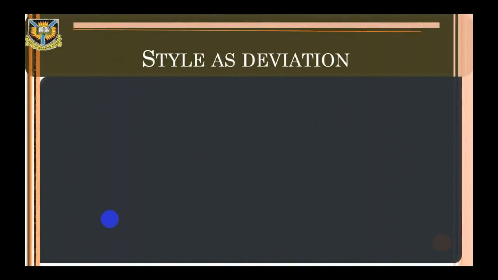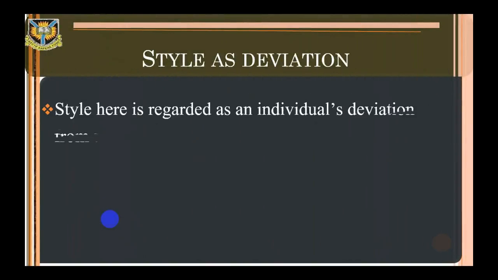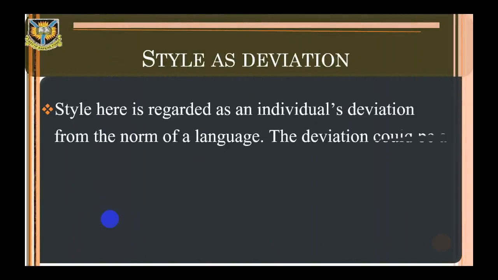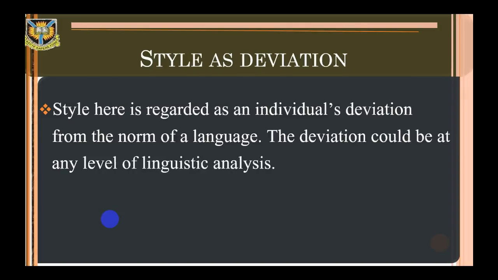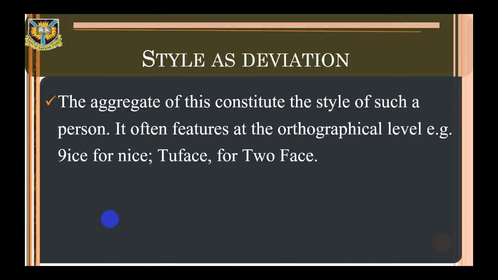Style as deviation. Style here is regarded as an individual's deviation from the norm of a language. The deviation can be at any level of linguistic analysis. The aggregate of this constitutes the style of such a person.